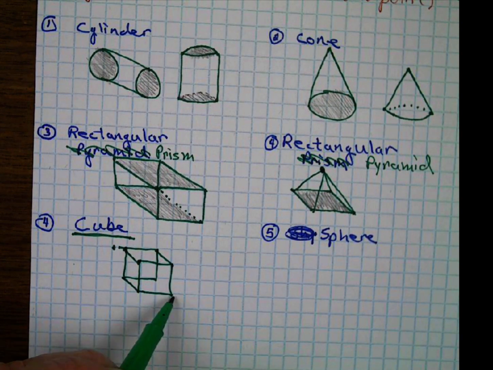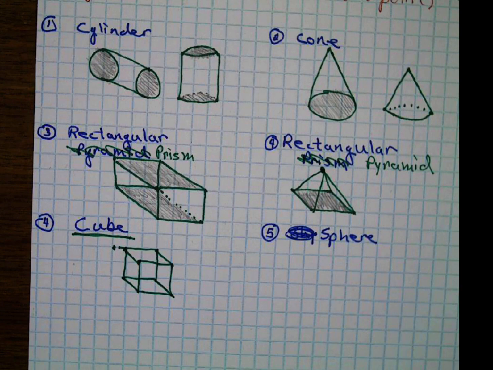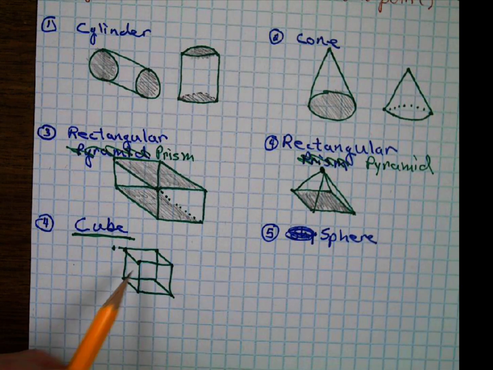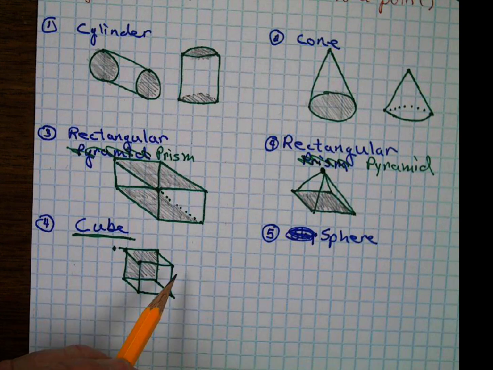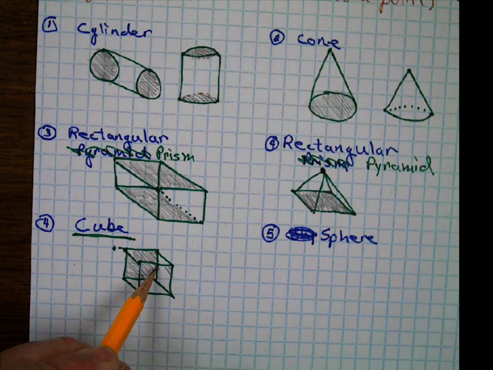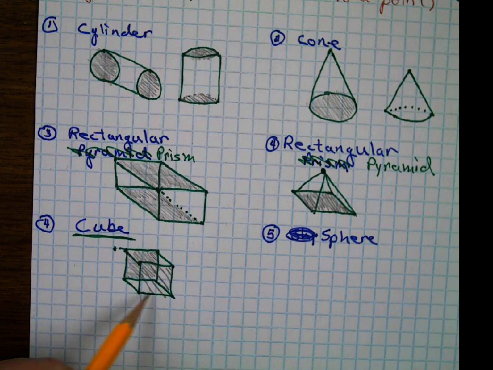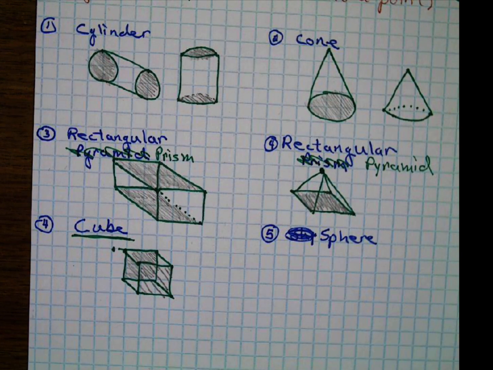Again, how do you know which ones are your bases? It doesn't matter. They are parallel and congruent. So I'm going to go with the back and the front. I'm going to make the front look a little different. You can do top and bottom. You can do whatever you want to do, but the bases are parallel and congruent.